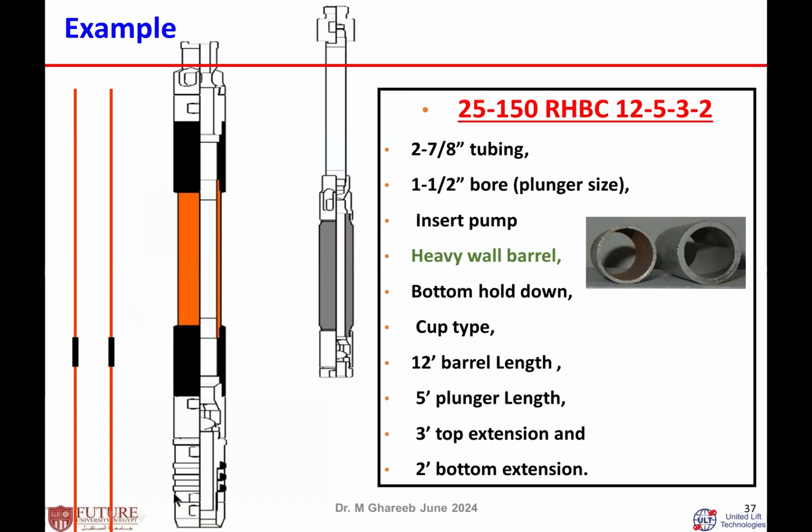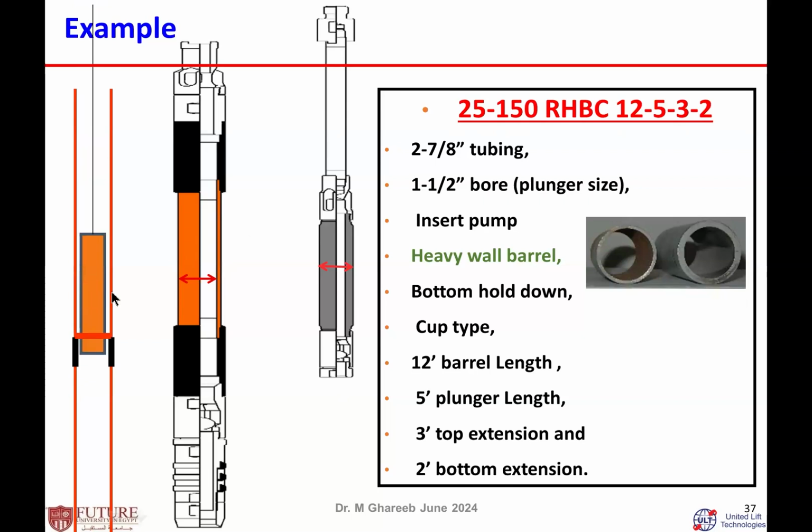Is the pump connecting from the bottom? You see the bottom assembly, setting assembly at the bottom, or at the top, is a bottom pump. If this pump is mechanical or just cup type, what is the length of the barrel, and so on. If we give you this description, 25-150-RHBC-12-5-3-2. That means 25, it is the tubing itself, it's 2 7/8, and 150, that's the pump, it is a 1.5 inch pump.